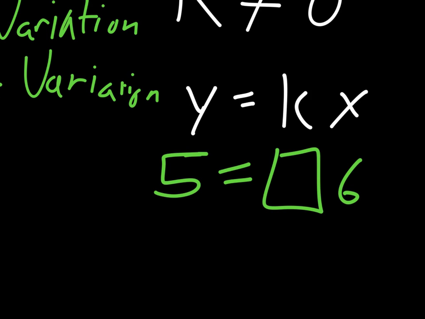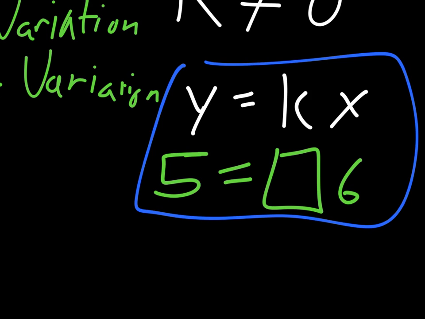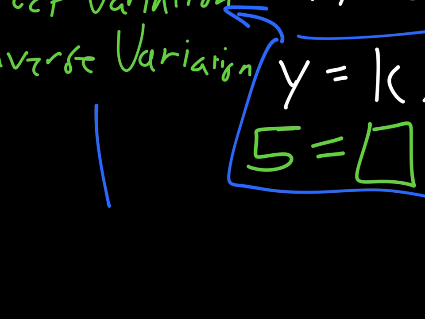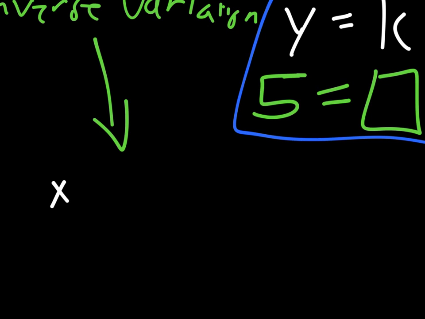Okay. So this right here is an example of direct variation. An example of inverse variation is when you don't have k, you have your x equaling 5 and your y equaling 6.